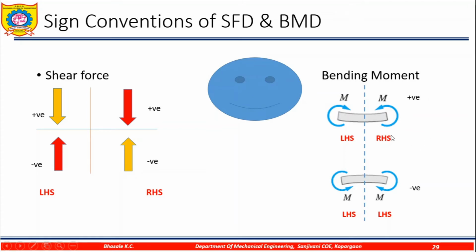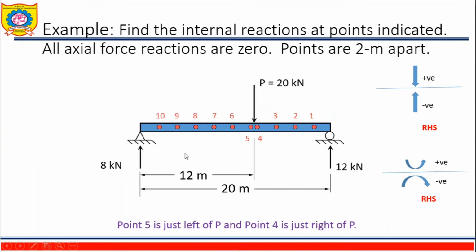Whatever bending moment is going in the anti-clockwise direction will be treated as positive, and the bending moment in the right hand side going in the clockwise direction will be taken as negative. So these are the sign conventions we are following to draw the shear force diagram and bending moment diagram.